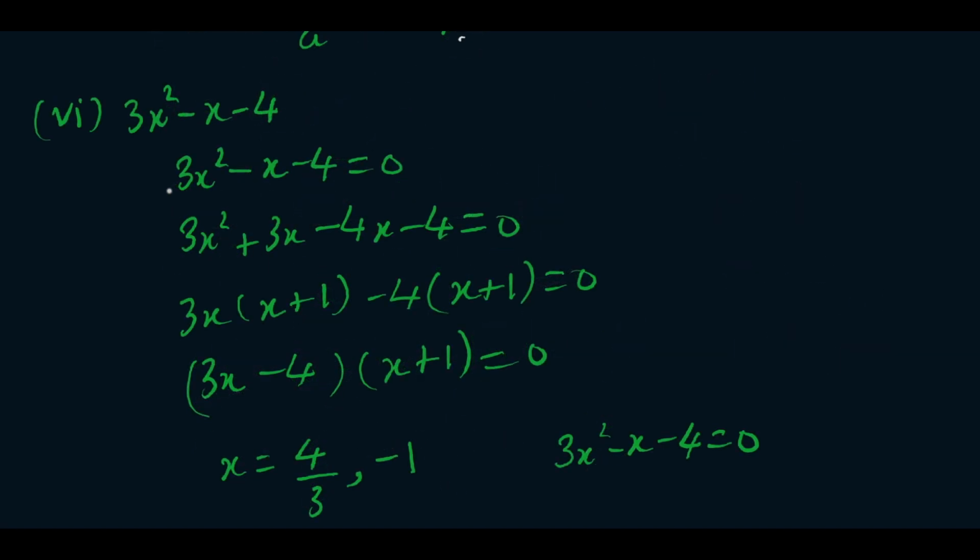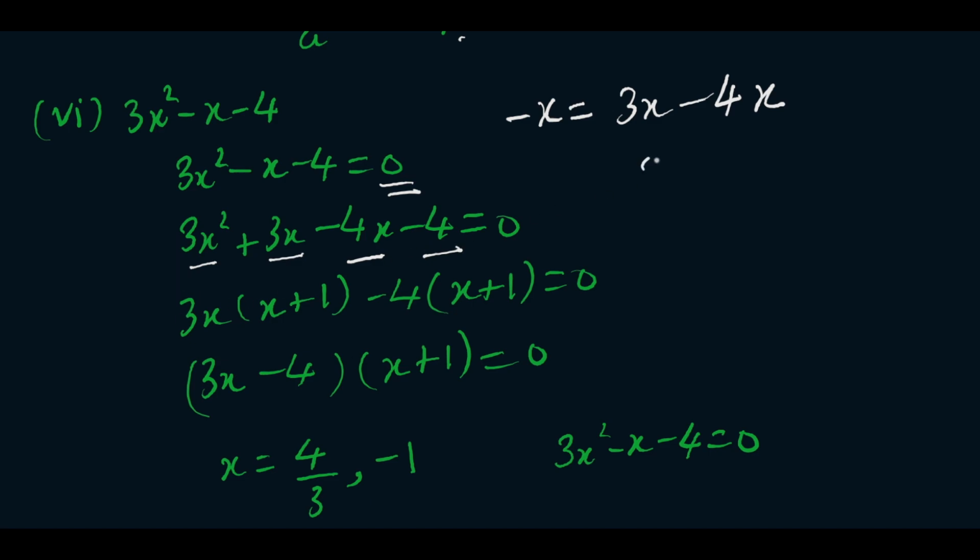Now we move on to our last question, 3x square minus x minus 4. So we write 3x square minus x minus 4 is equal to 0. We can write minus x as 3x minus 4x. So we write 3x square plus 3x minus 4x minus 4.